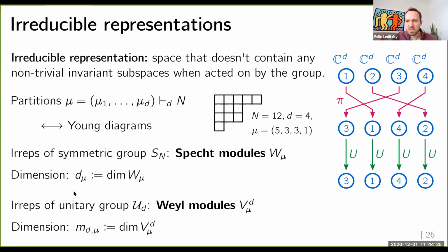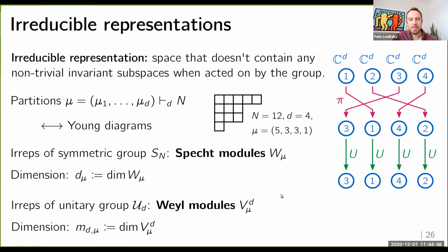Construction will not be important. What's important for us is that these representation spaces have known dimension, and we call the dimension of the irrep for S_n d_mu, and the dimension of the irrep for U_d n d_mu. Okay, so where in both cases the mu just corresponds to this Young diagram.